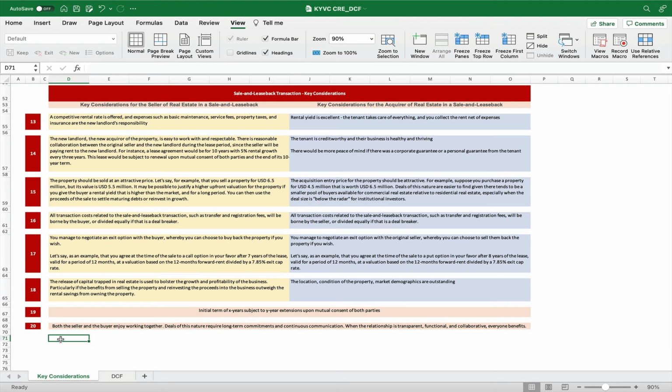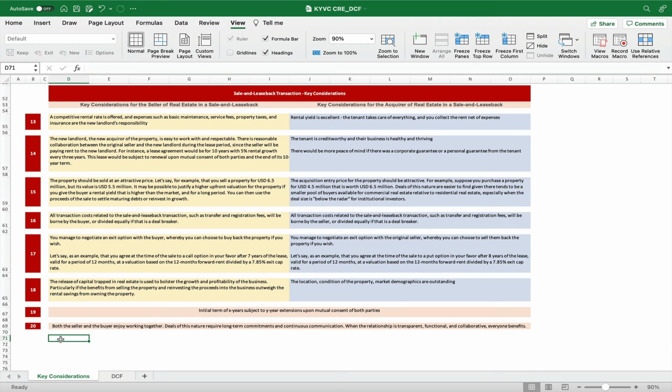On the other side of the table, the incoming buyer of the real estate might also want to exit that asset, and they could agree to a put option with the existing seller, whereby, let's say after 8 years, not 7, of the lease, and for a period of 12 months, they can choose to exercise that option, whereby the seller has to buy it back from them at a valuation based on the 12-month forward rent divided by a 7.85% exit cap rate.